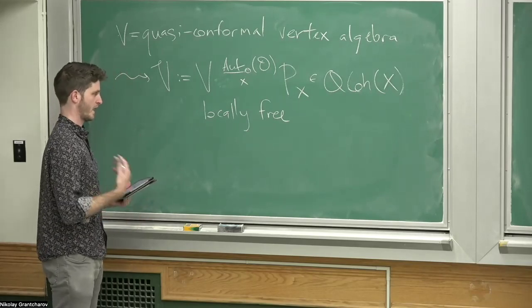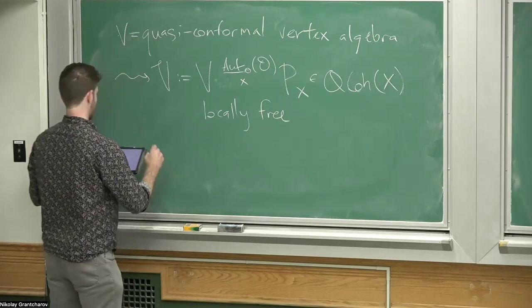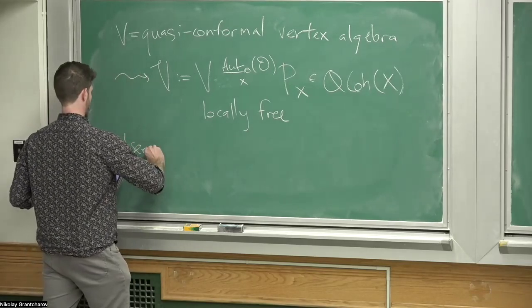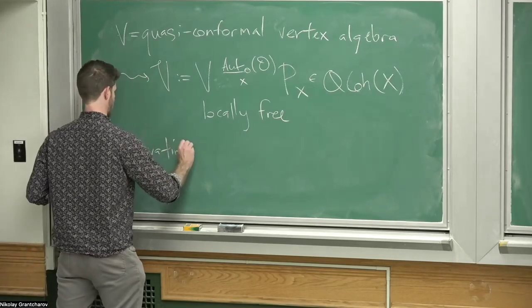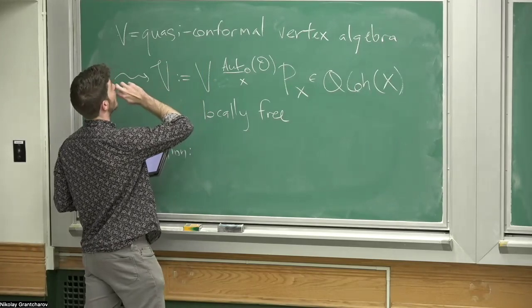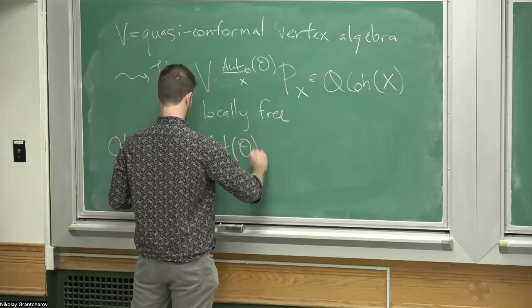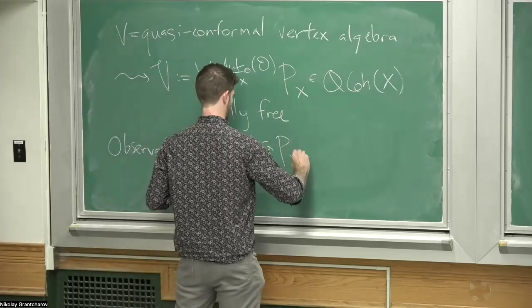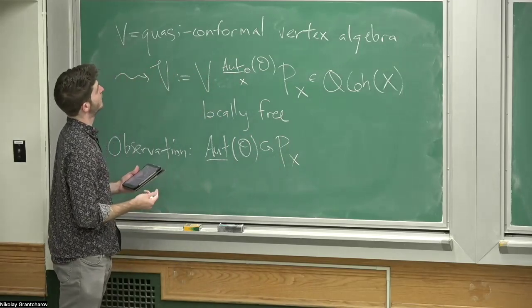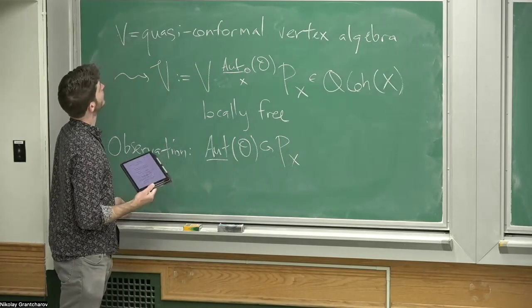Now the next thing I want to do is construct the connection on it, because a vertex algebra is supposed to be a D-module. For this, I'll make the following observation: I pointed out Aut_0 acts on P_x, but by the exact same argument, the entire automorphism group actually acts on P_x, if I interpret P_x as a functor of points.